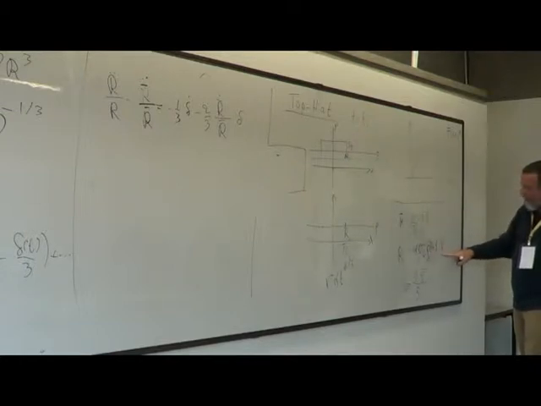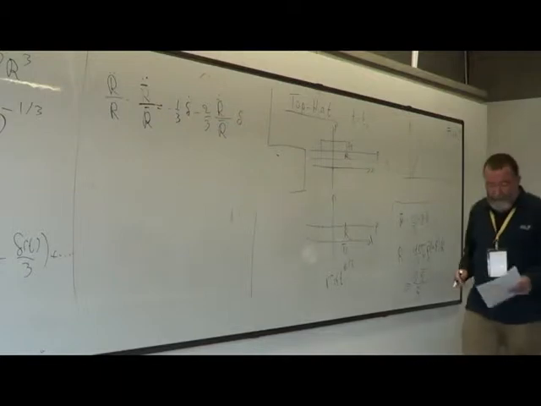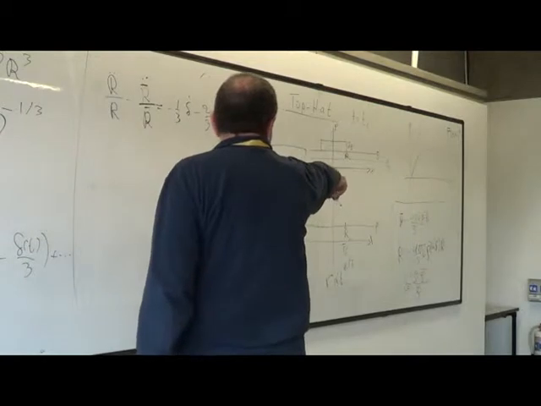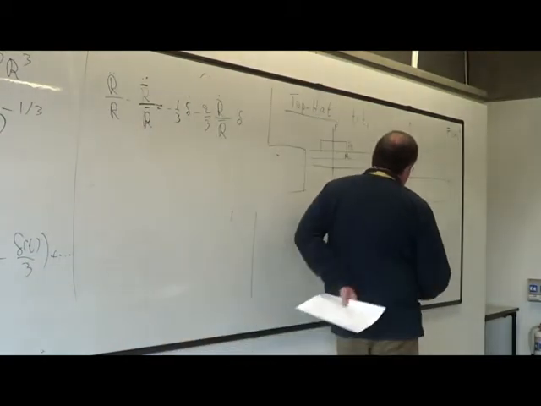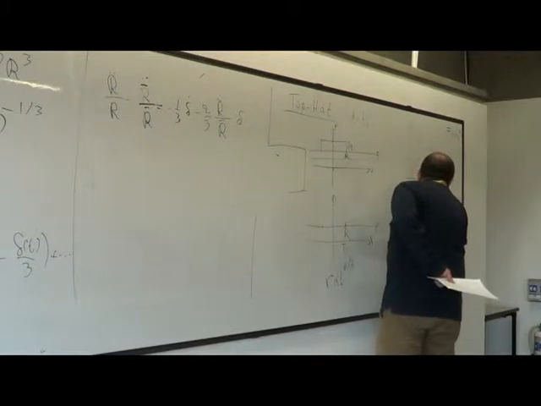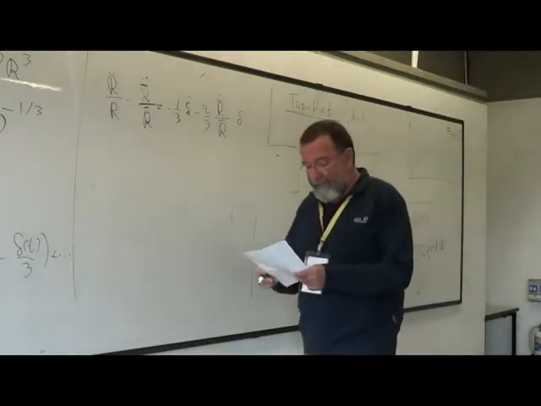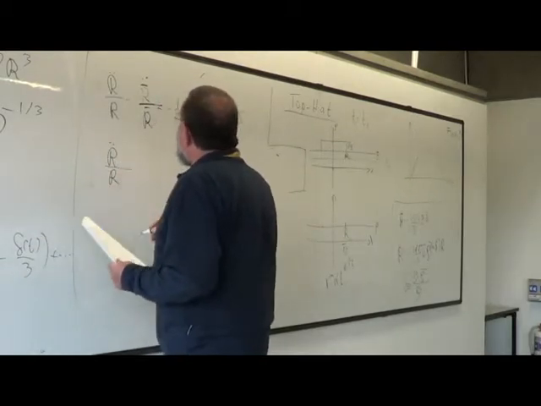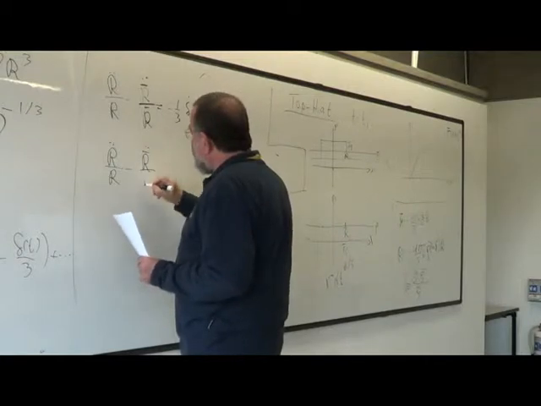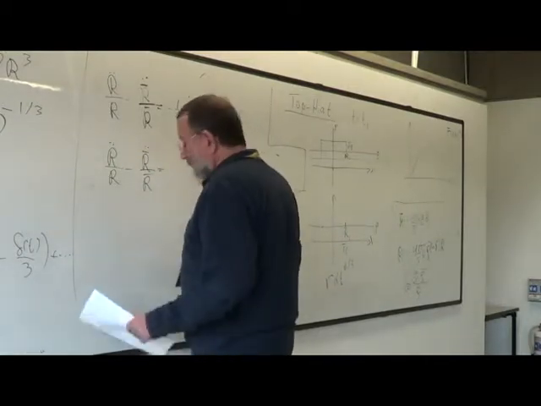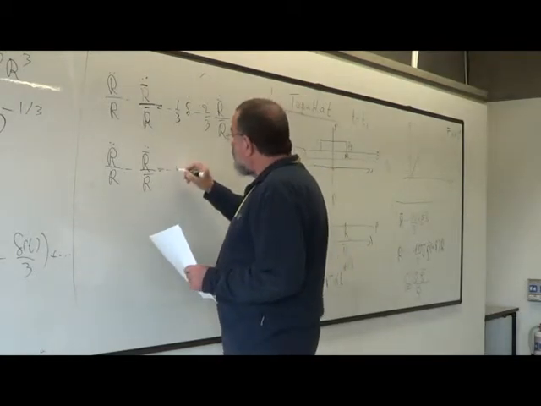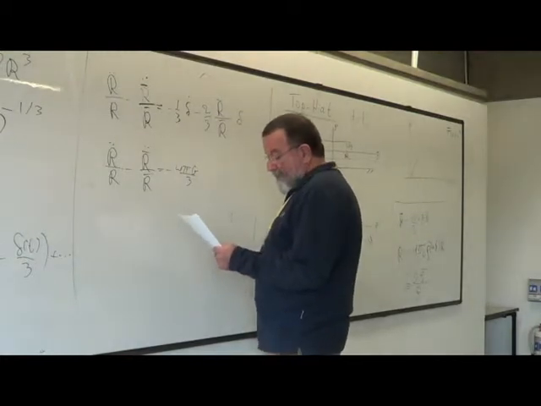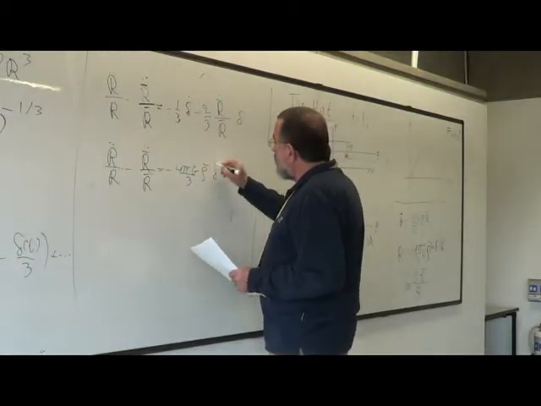I have the same thing here for the perturbed case. So if I take these two equations that I wrote here, divide by R bar or by R, and subtract one from the other, then I find that R double dot over R minus R bar double dot over R bar equals, now this is exact, minus 4 pi G over 3 times rho bar times delta, right?